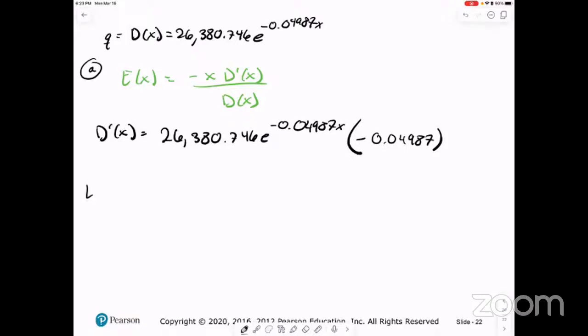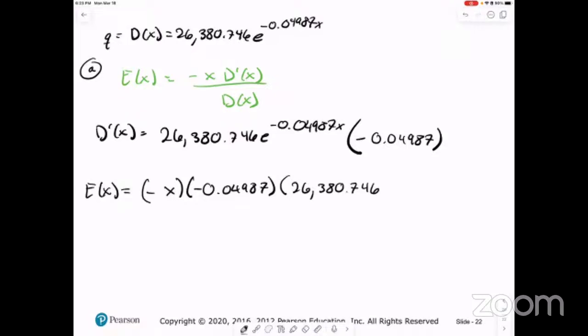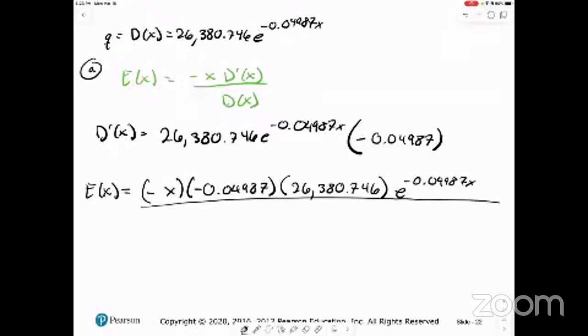Then our elasticity takes the form negative x D prime, so times this negative 0.04987 times 26,380.746 times e to the negative 0.04987x, divided by D of x, which is 26,380.746 e to the negative 0.04987x. Now we could crunch that number, I'm just leaving it like this.